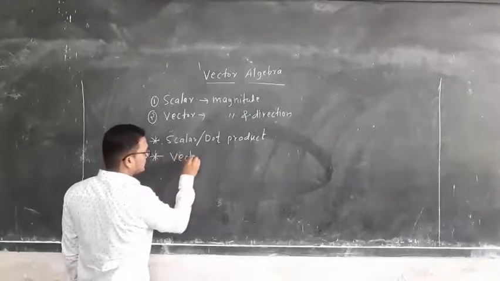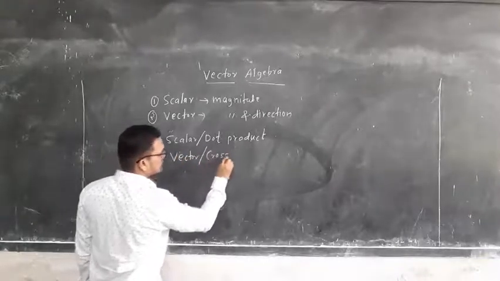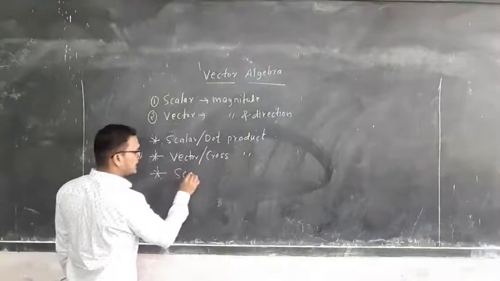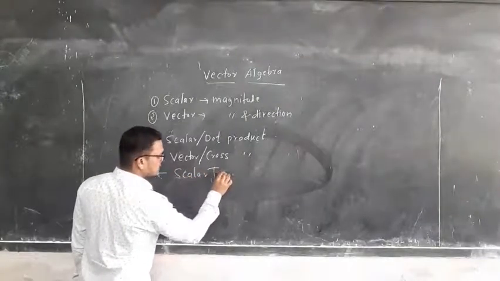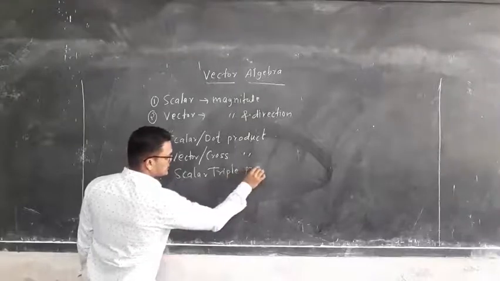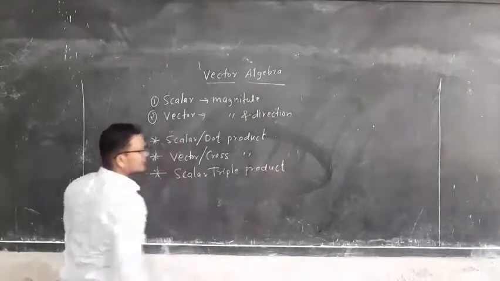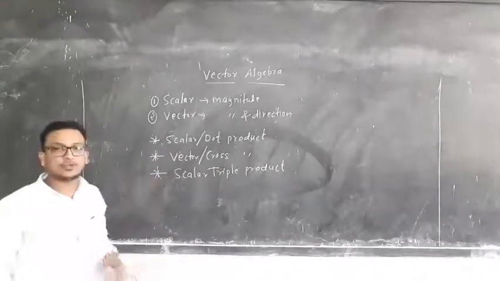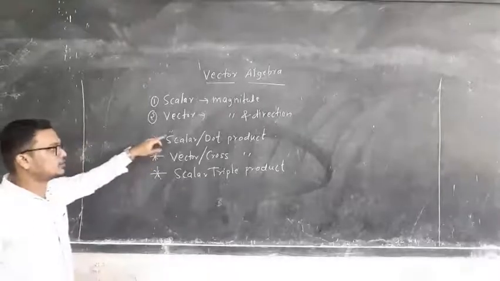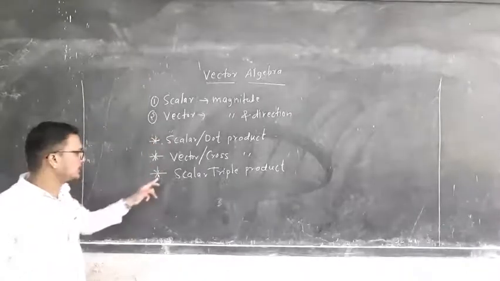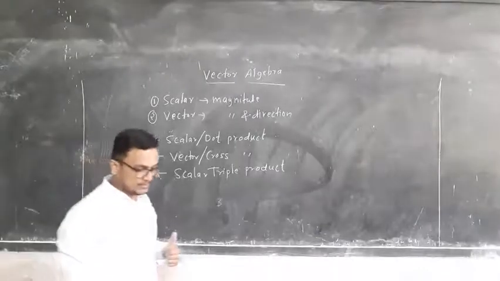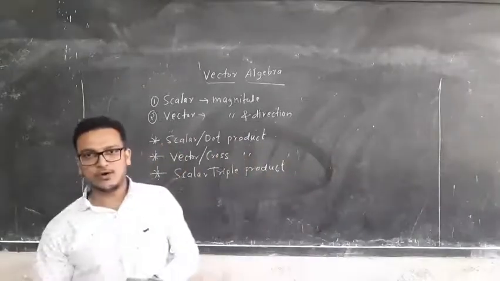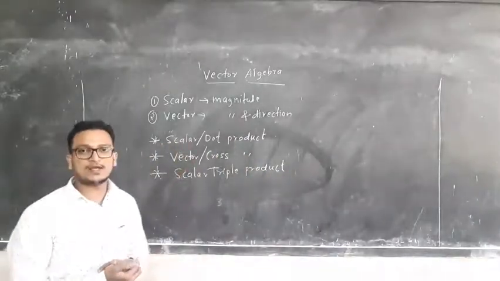Second, vector or cross product of two vectors, and third is scalar triple product. These are the three types of taking the product of vectors. Most questions will be asked on these three concepts only.